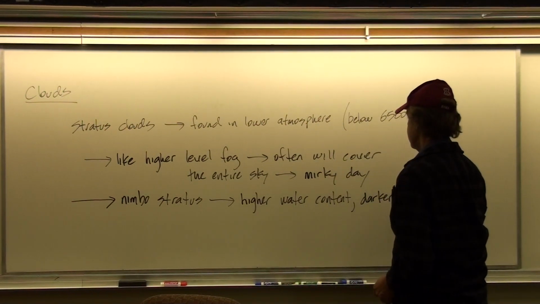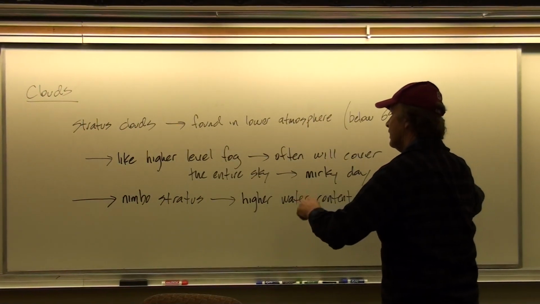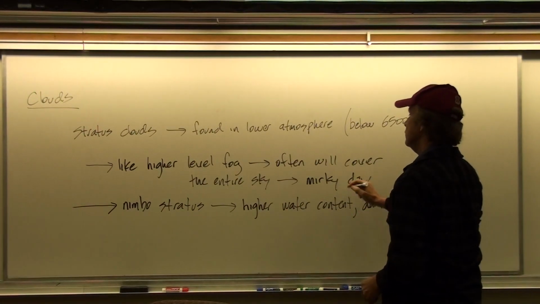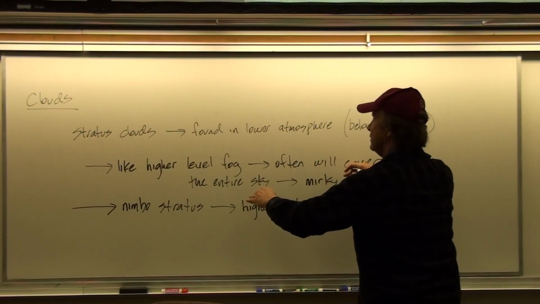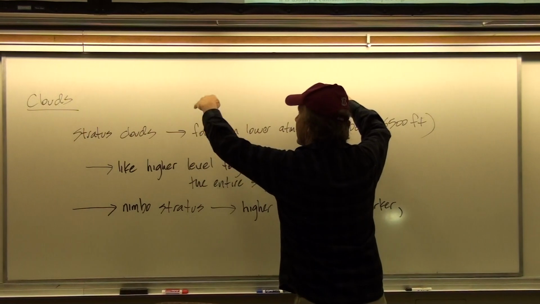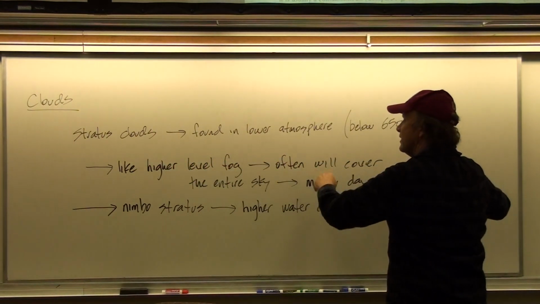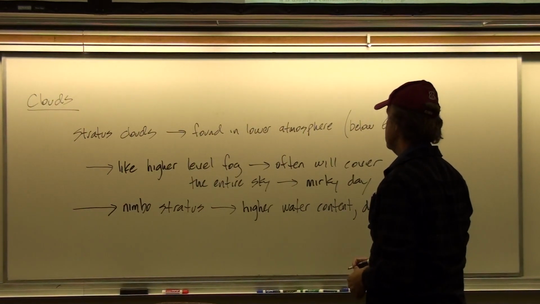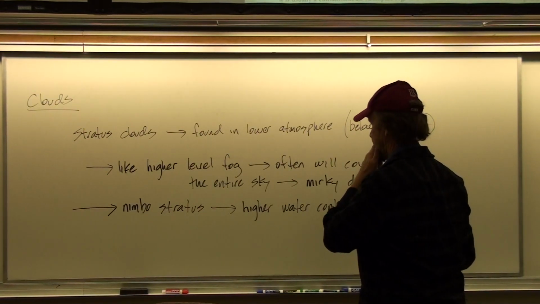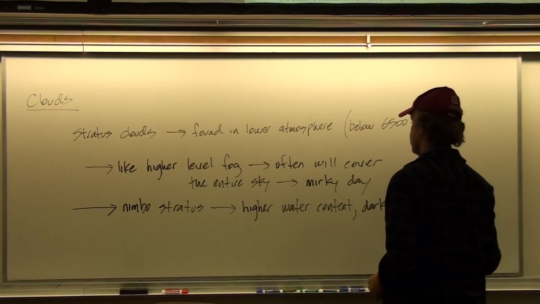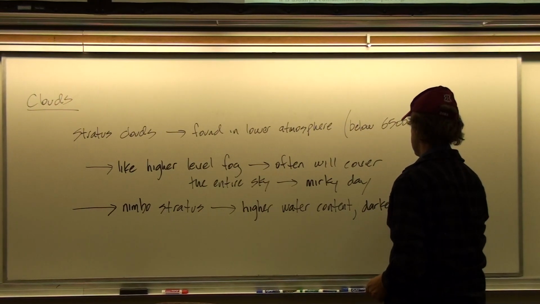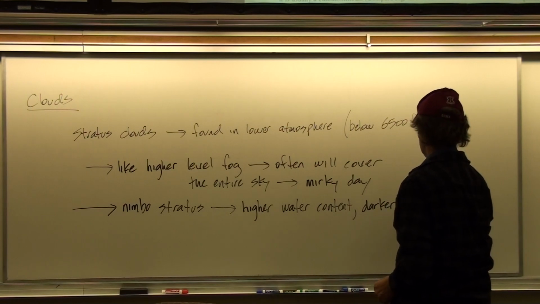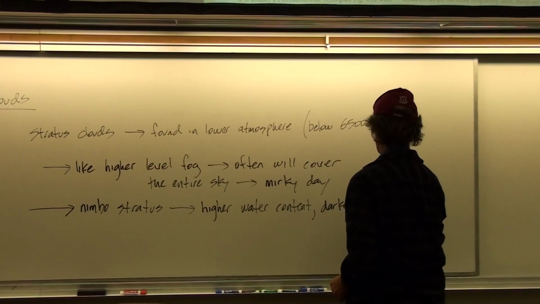And also, because of instabilities that are caused with the rising and the cooling, to a certain extent the rising of the fog produced the stratus clouds, but further heating and rising can give rise to these higher nimbostratus clouds that have a higher water content, are darker and thicker.